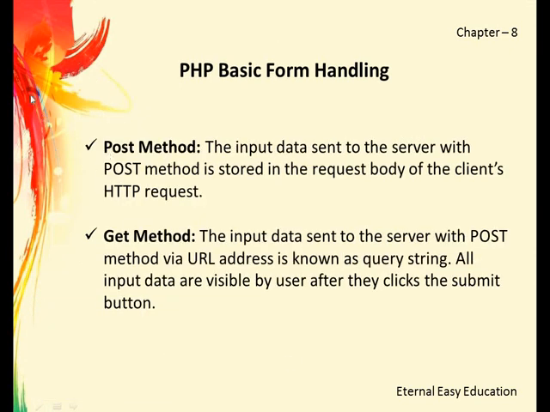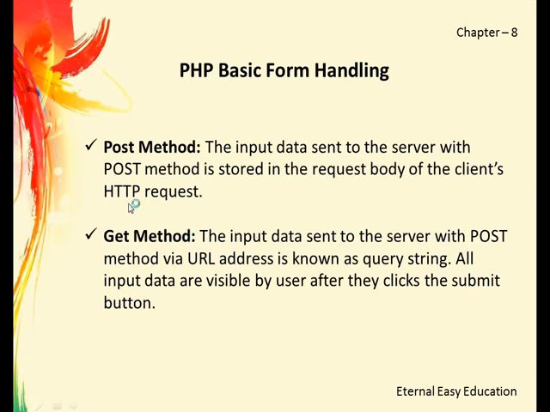What is the post method? The input data sent to the server with the post method is stored in the request body of the client's HTTP request. What is the get method? The input data sent to the server via the URL address is known as the query string. All input data are visible to the user after they click the submit button.